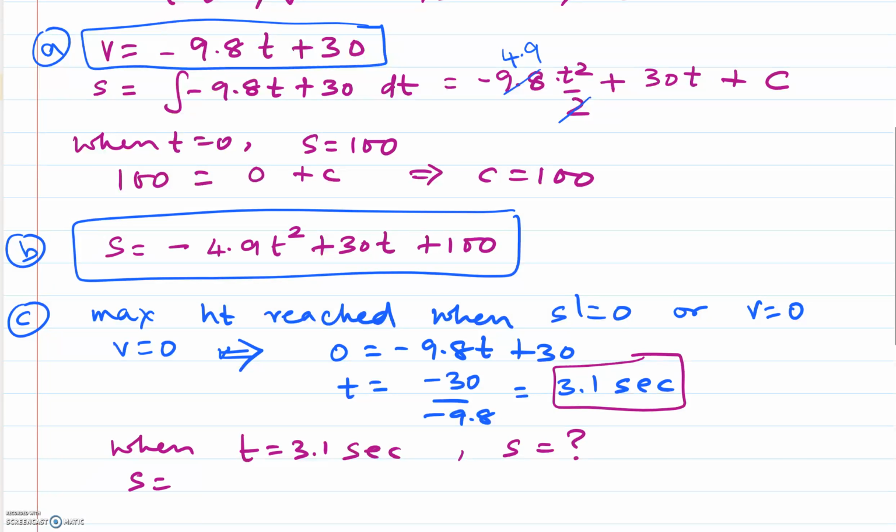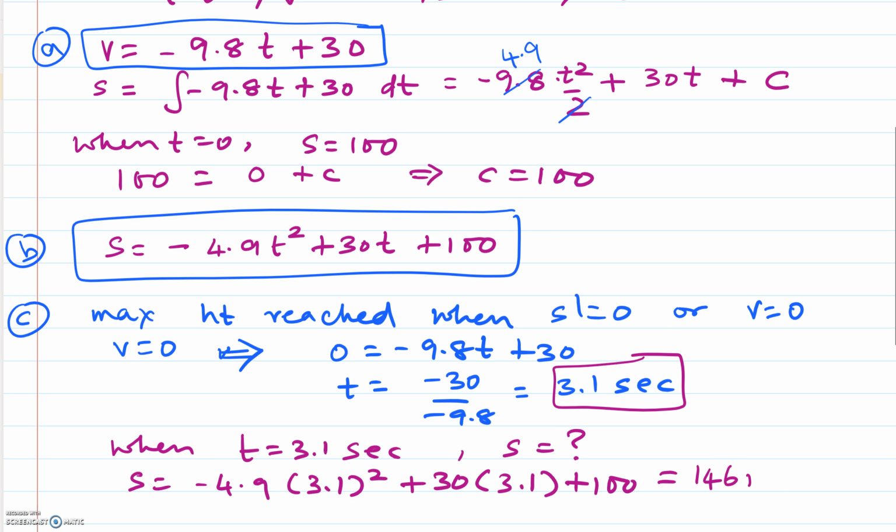So s equal to negative 4.9 times 3.1 squared plus 30 times 3.1 plus 100, and we will get approximately 146 meters.